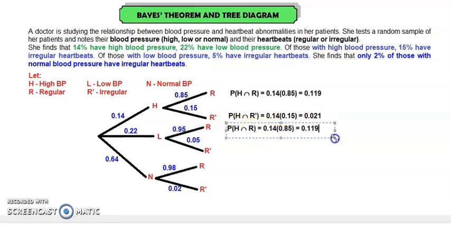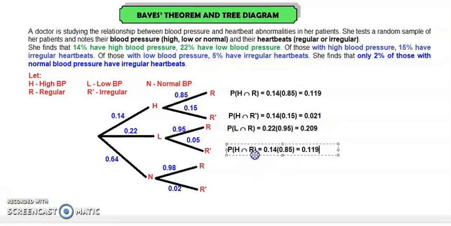Then the probability of low blood pressure intersect regular heartbeats is 0.22 multiplied by 0.95, which is 0.209.